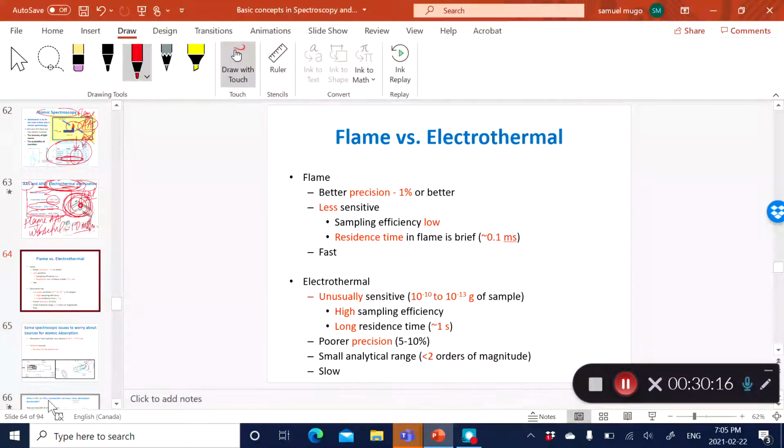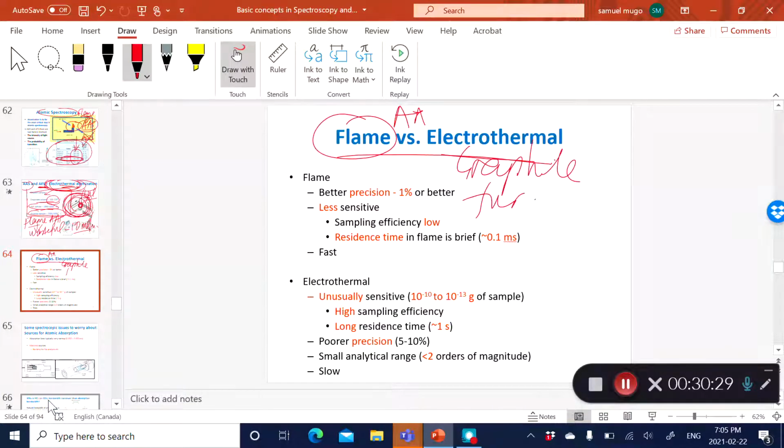So very quickly, let's compare the flame AA and the electrothermal, that is, the graphite furnace AA. Sometimes we'll call it a graphite furnace AA. So again, you can see the different benefits.